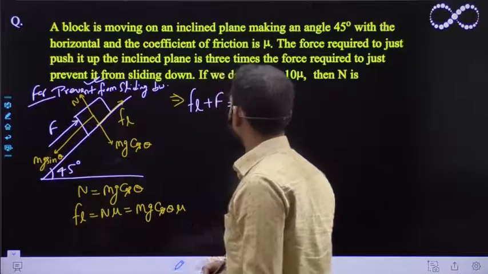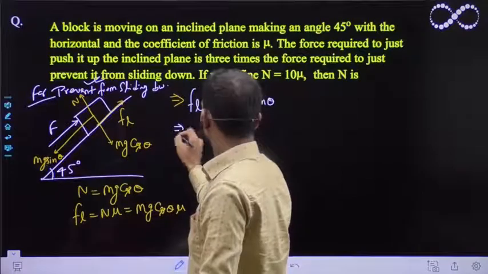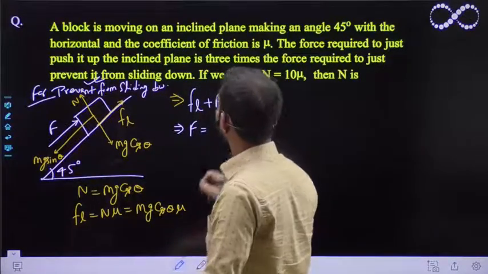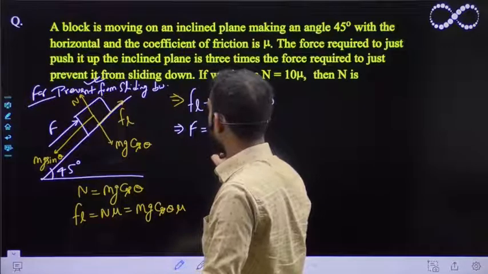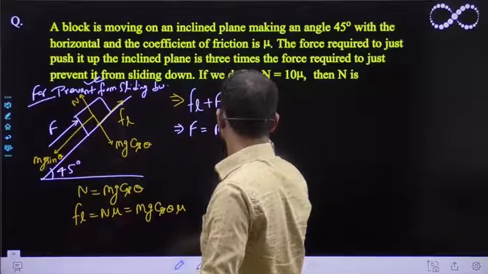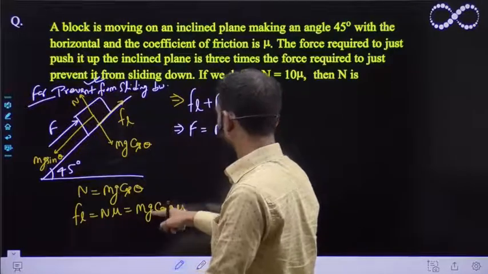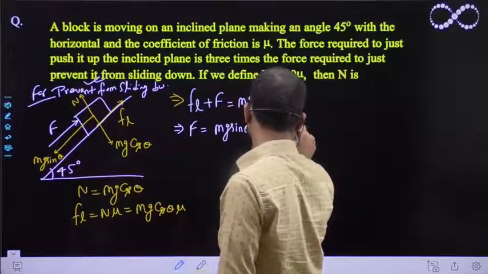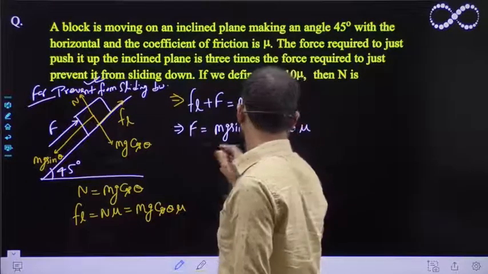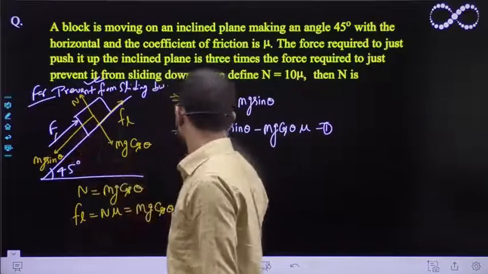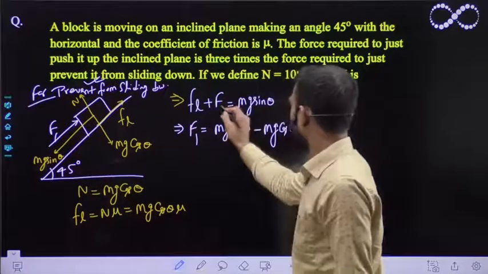So capital F will be mg sin theta minus FL, that is mg sin theta minus mg cos theta into mu. Let us call this equation 1, and let us call this force F1 for case 1.